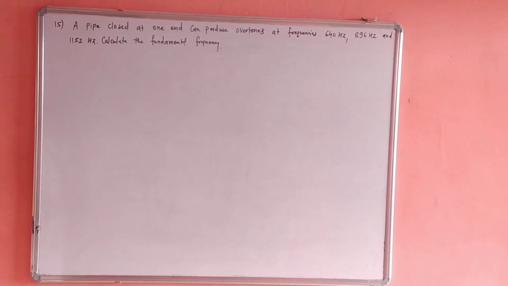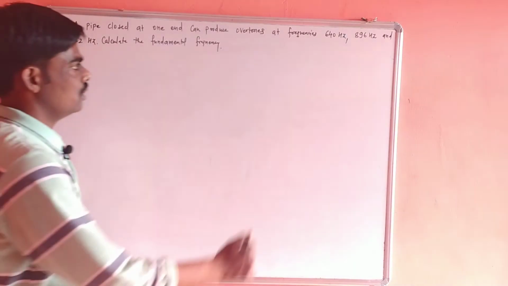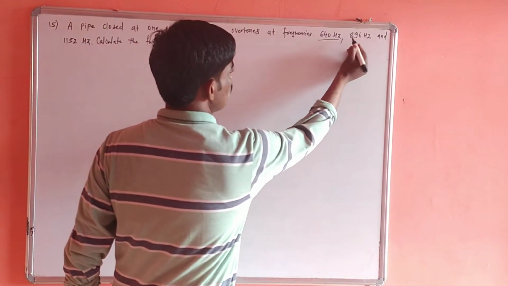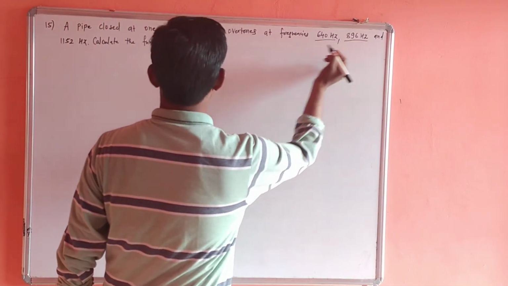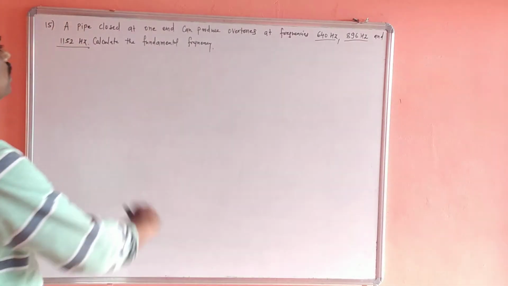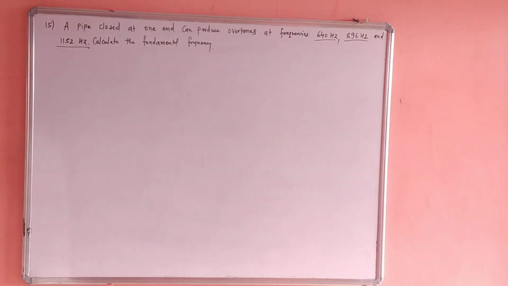A pipe closed at one end can produce overtones at frequencies 640 Hz, then 896 Hz and 1152 Hz. Calculate the fundamental frequency.